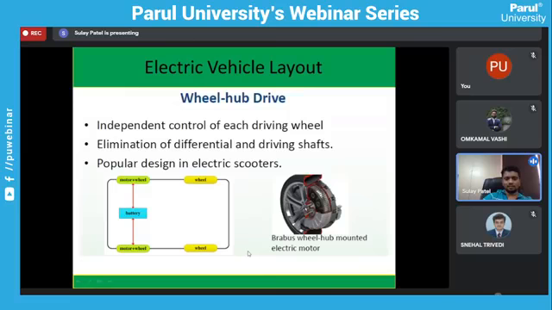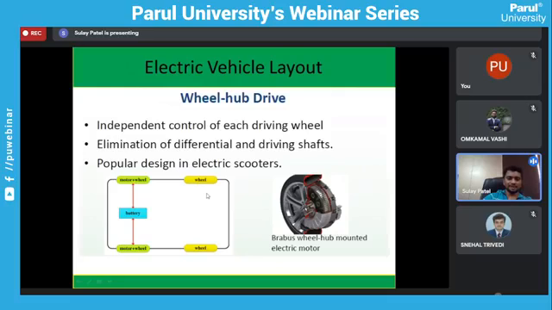Then another one is a wheel hub motor drive. In this case, the electric motor is placed inside the wheel hub, or inside the wheels, and this kind of electric drive layout you will find in small capacity scooters and so on.